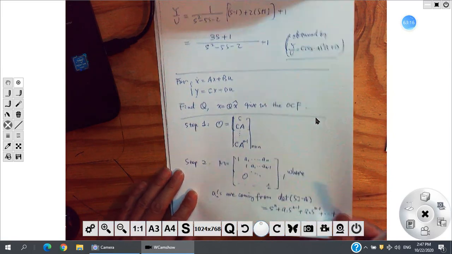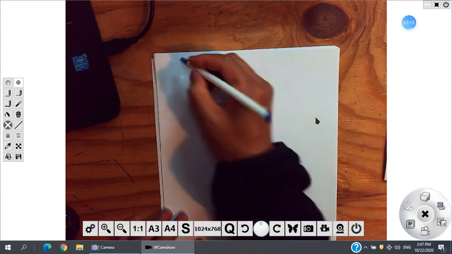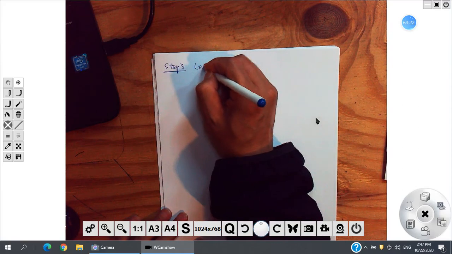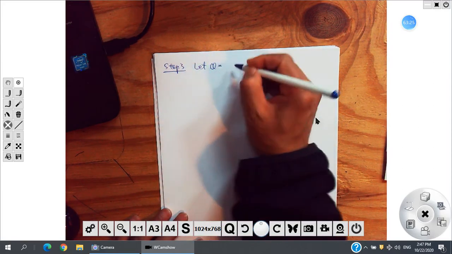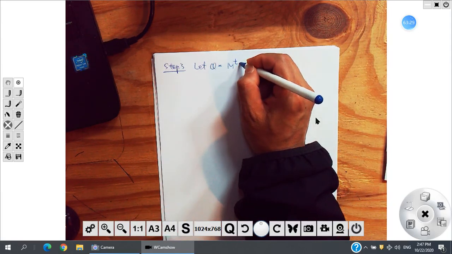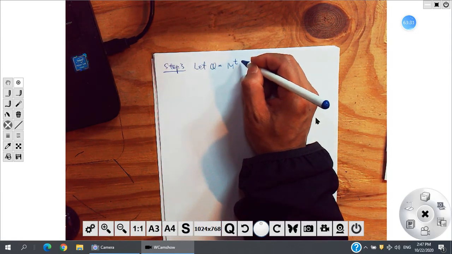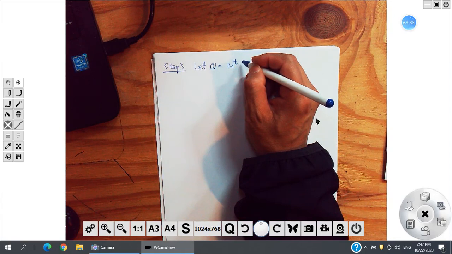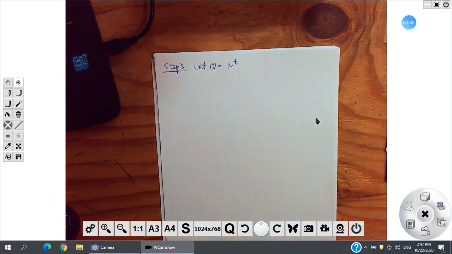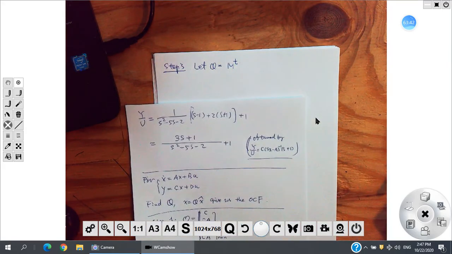Then step 3. Let Q equal to M with the transpose times. Okay, so which times which one? Maybe I need to put the M. P is what? So we will reverse the order.